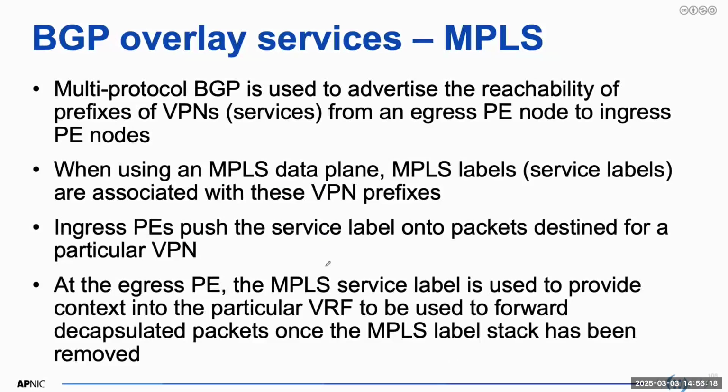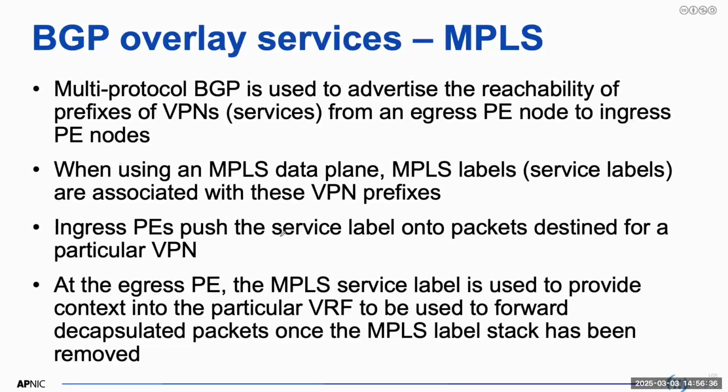We do similarly here. When we are using an MPLS data plane, we use labels, but in this case, we can use IPv6 addresses instead of labels. And the VPN prefixes, what we were doing earlier, would remain the same.